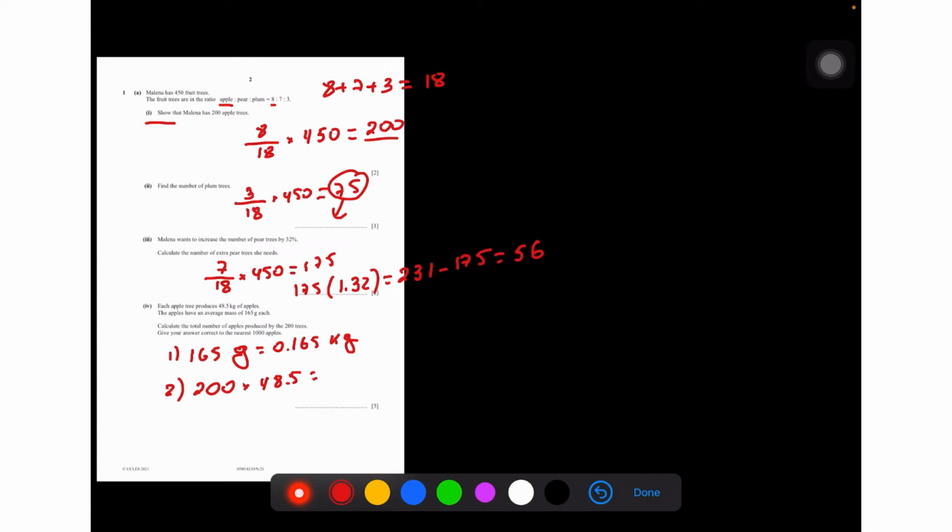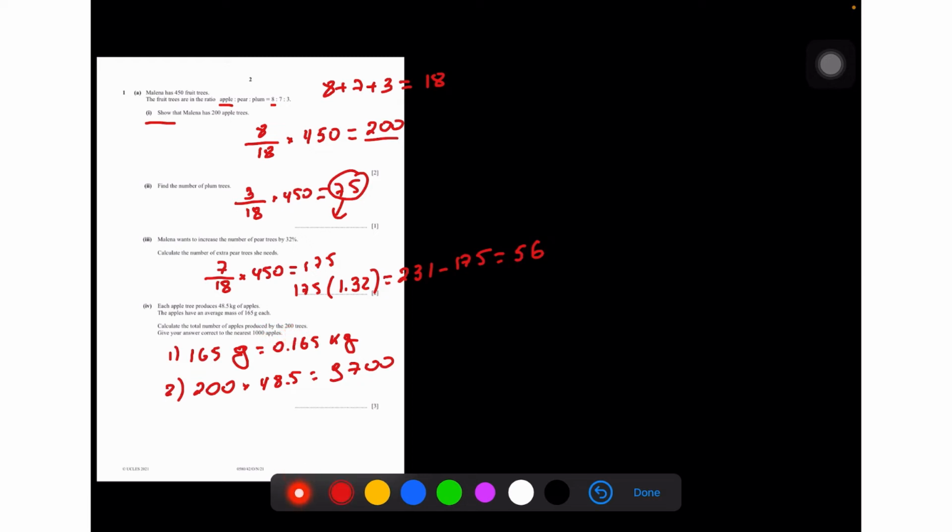That's why we have to multiply this by 200 to find the total kilograms of apple. 48.5 multiplied by 200 will be 9,700. But we have to find the number of apples produced by the 200 trees.